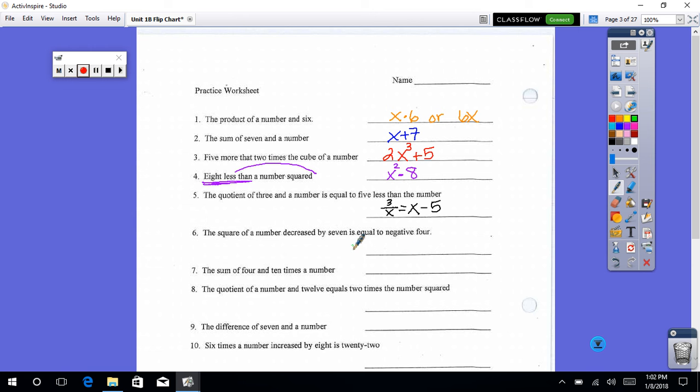Okay, the square of a number decreased by 7. Square of a number decreased by 7 is equal to -4.